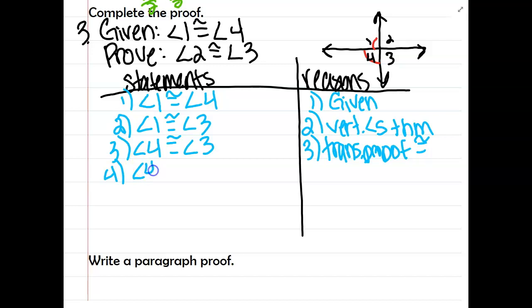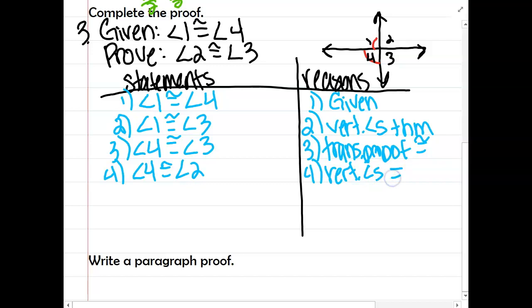Okay, I know that angle 4 is congruent to angle 2 because of the vertical angles theorem. And then we're going to repeat a step here.